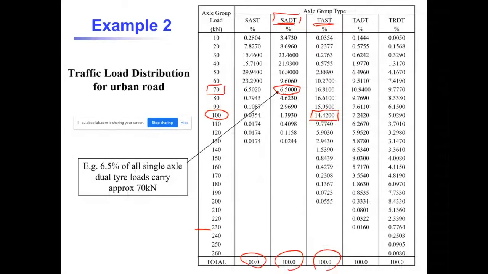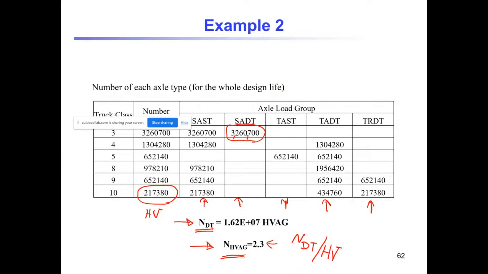It is simple. 6.5% of single axle dual tires carry the weight of 70 kilonewton, and the number of single axle dual tires is 3,260,000.